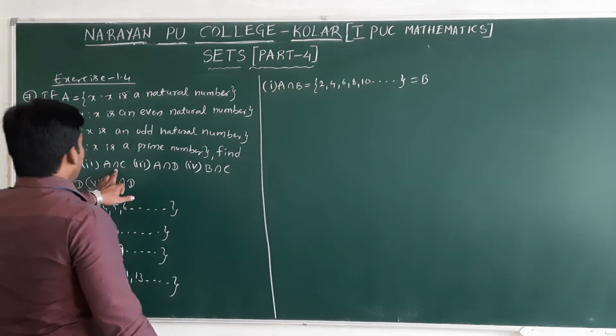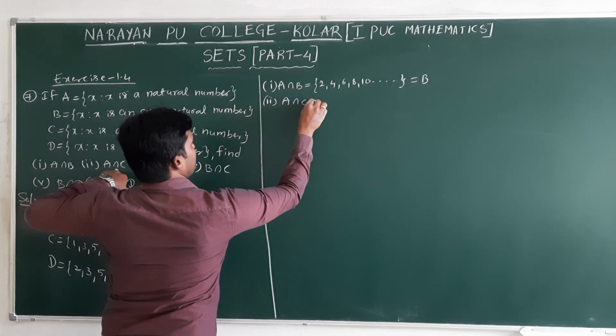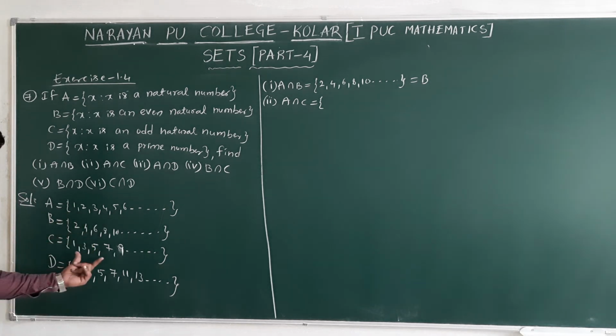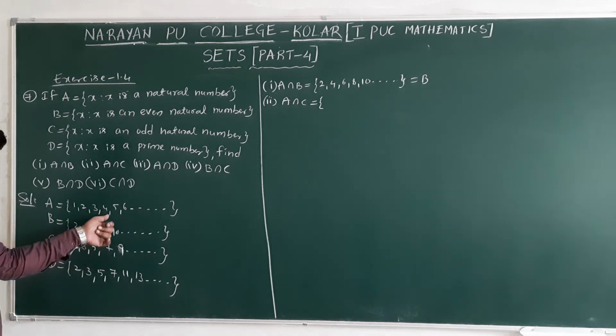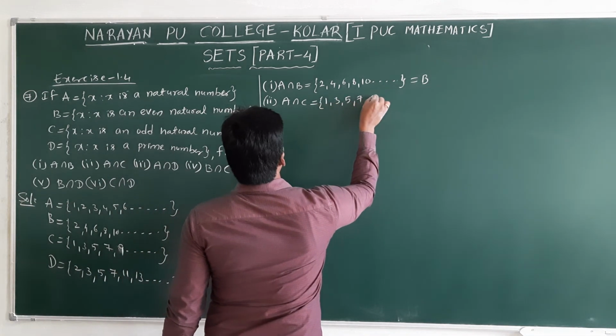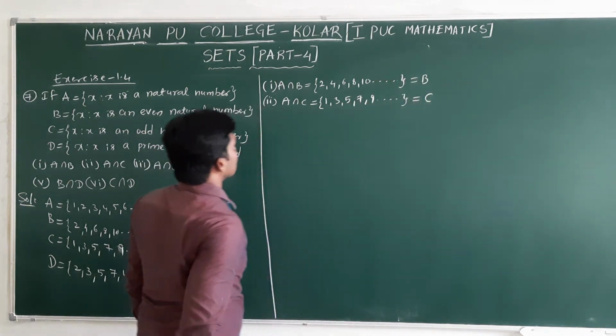Next, A intersection C, the second question. A is all natural numbers, C is odd natural numbers. The common elements are odd natural numbers only: 1, 3, 5, 7, 9 and so on. This is nothing but the C set.